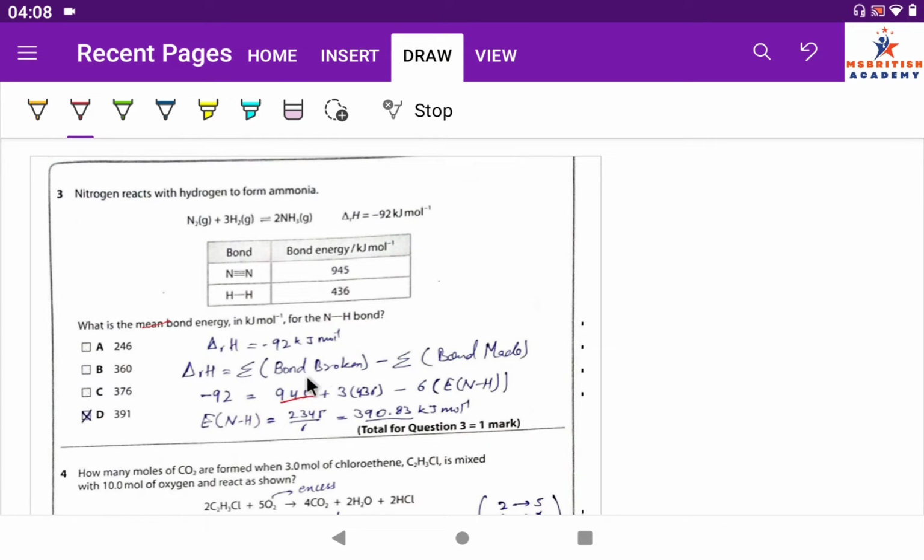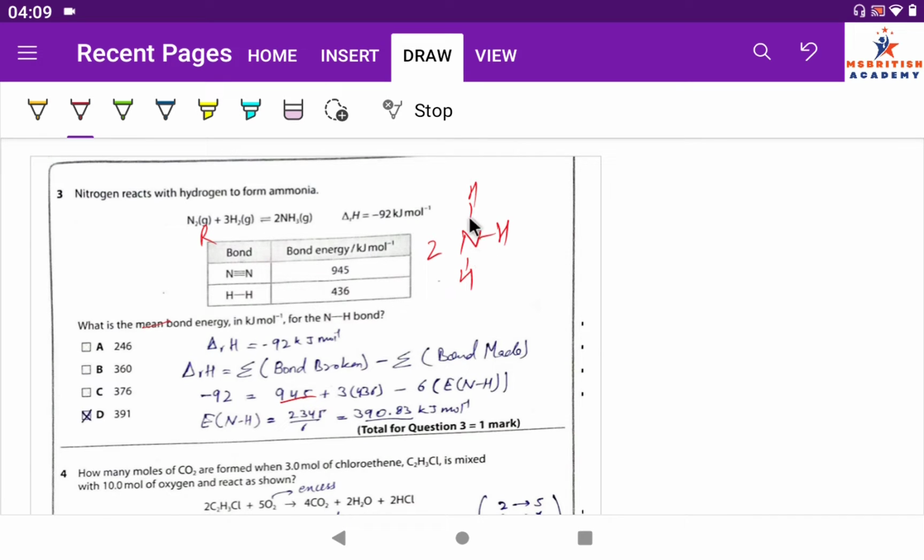The bonds broken are on the left side, the reactants, so these bonds will break, and the bond energies are given to us: 945 plus 3 times, because 3 H-H bonds, 3 times 436, minus 6 times, because in ammonia it is like this.